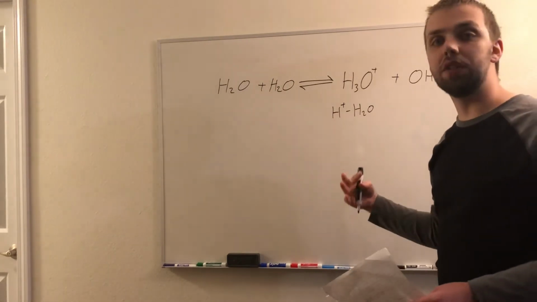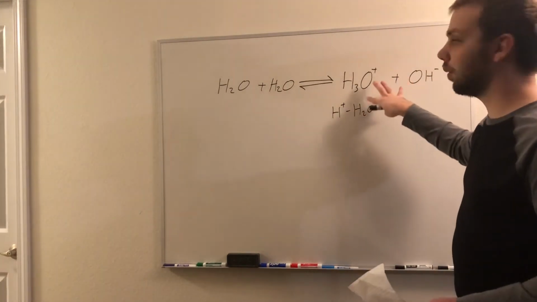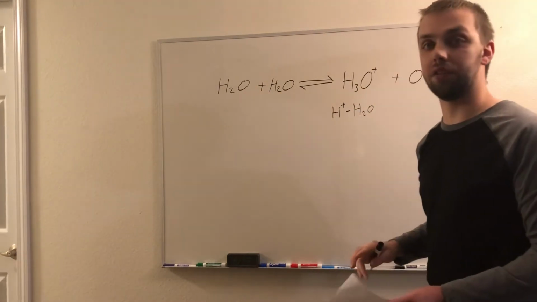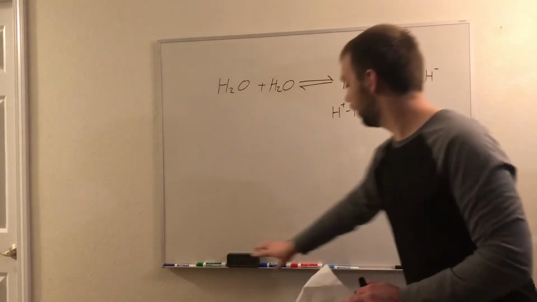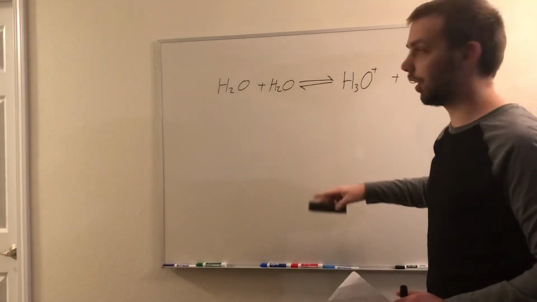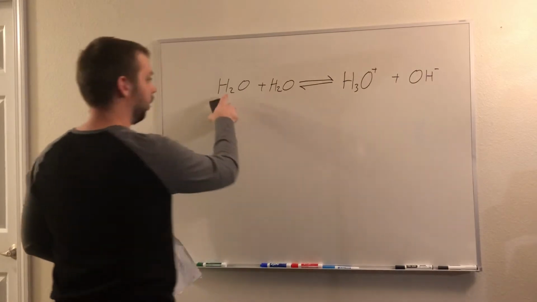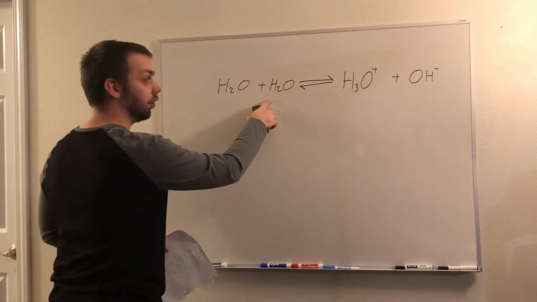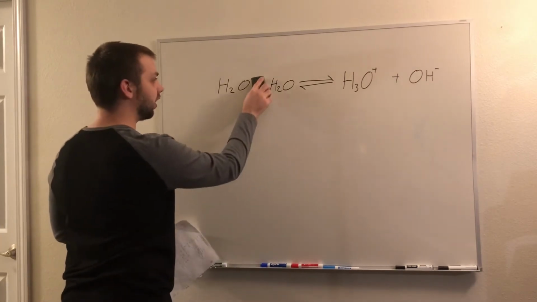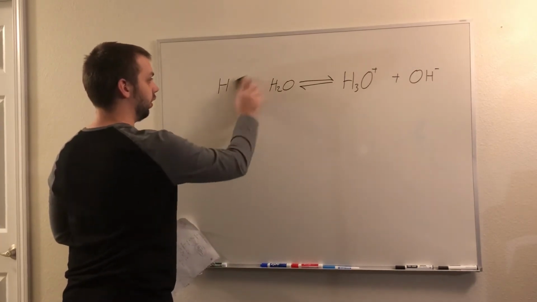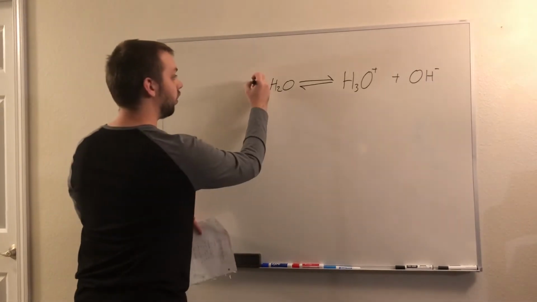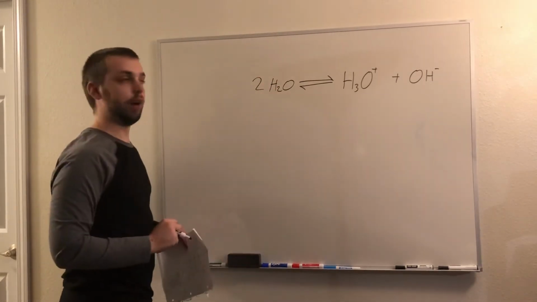And by balanced, we just mean there's the same amount of atoms and the same types of atoms on one side as there are on the other side of the reaction. But this can be written out a little more concisely. Instead of saying water plus water goes to form hydronium plus hydroxide, we can get rid of this water here, and we can just say 2 times water.